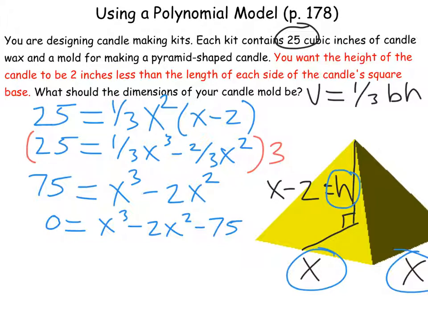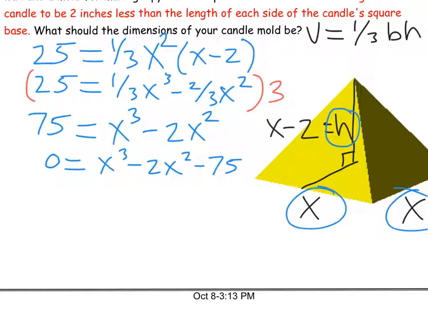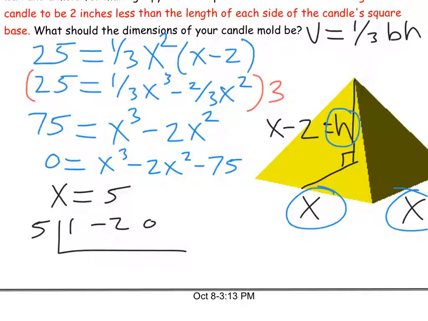All right. Now you go to your table, and you're going to find x equals 5. Now don't forget, you found it from the table. We really shouldn't have.